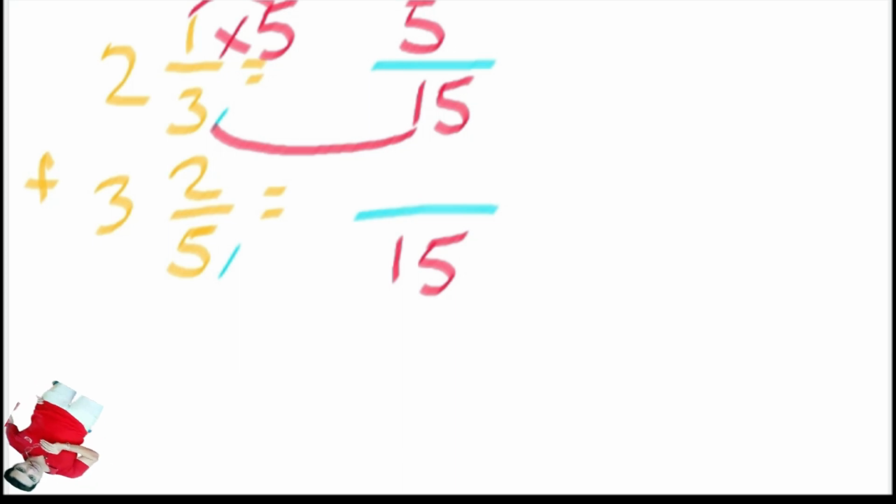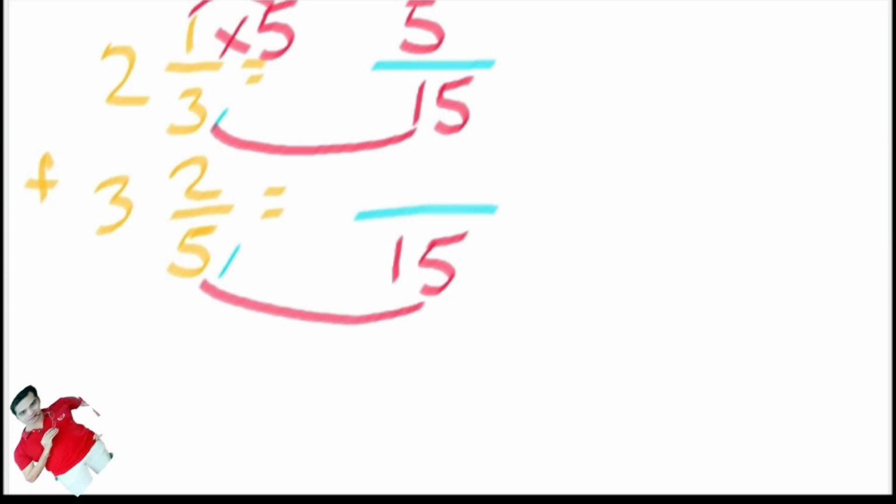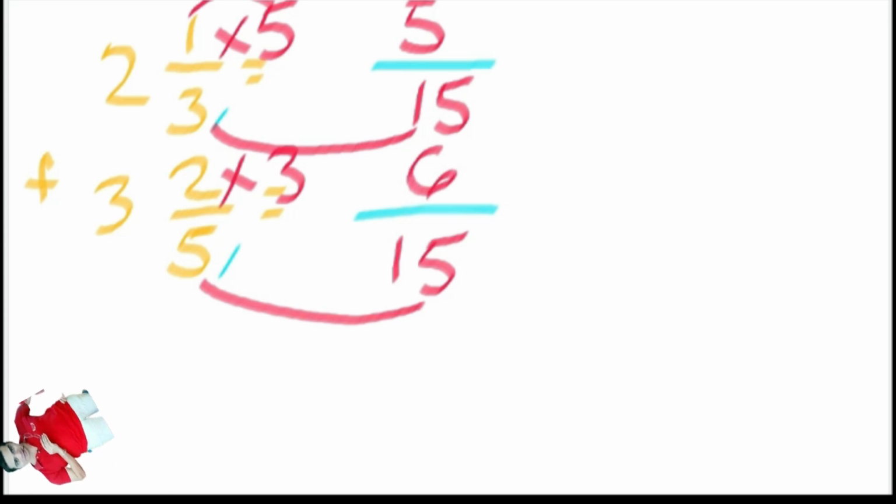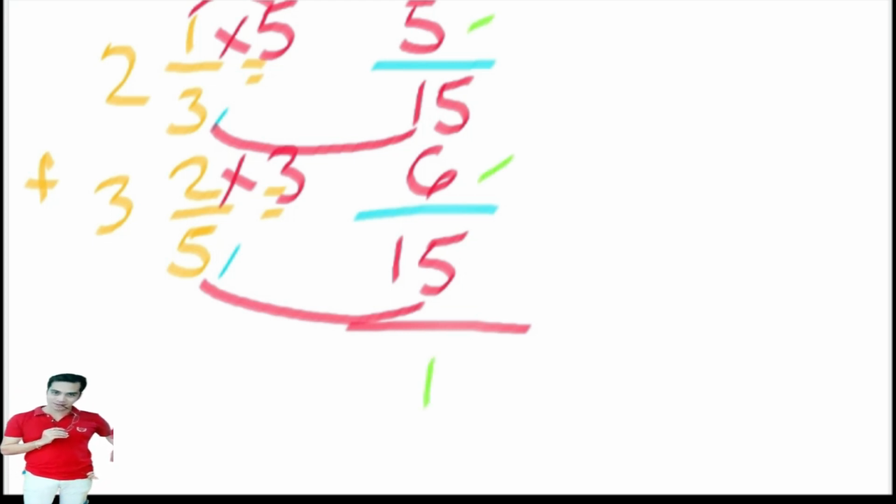Another one, 15 divided by 5, the answer is 3. Then multiply the numerator. 2 times 3, the answer is 6. Then you add the numerators. 5 plus 6, the answer is 11 over 15.